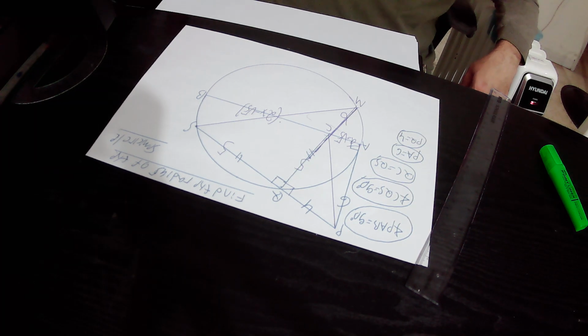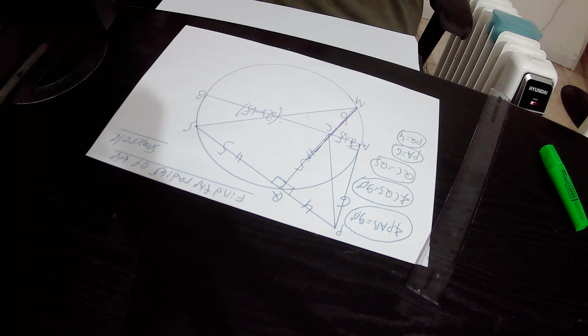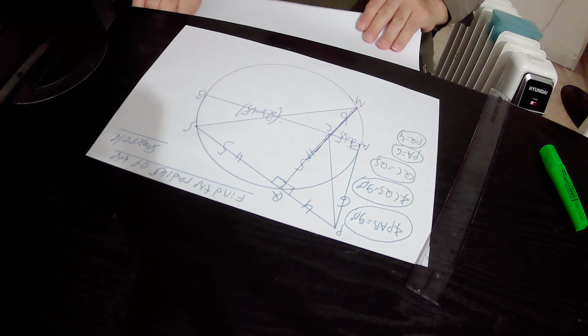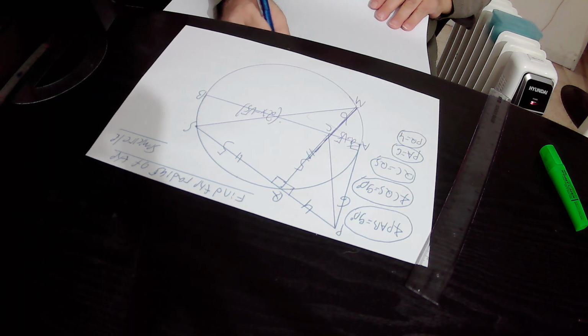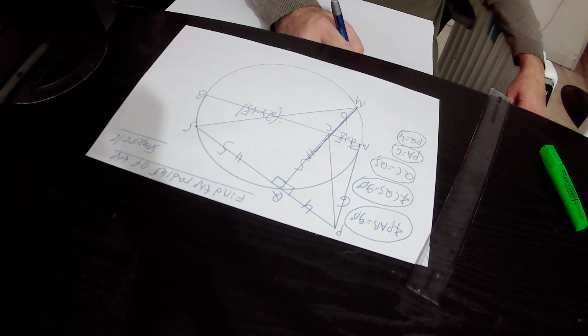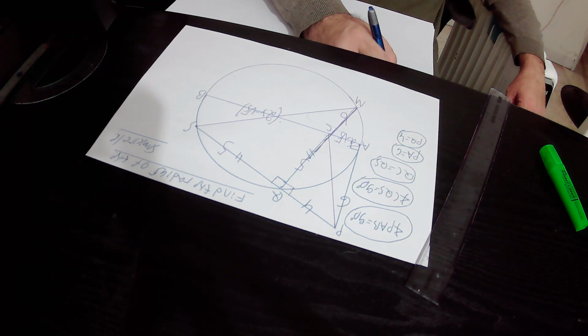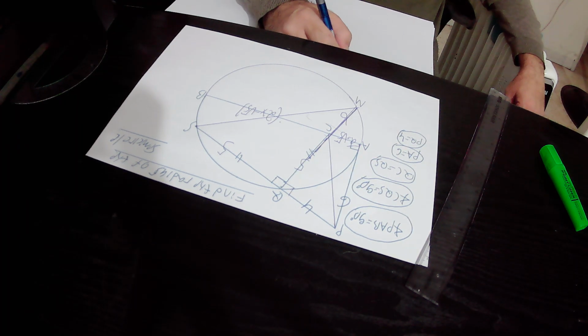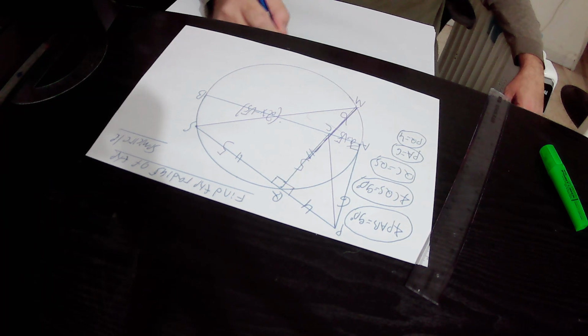Why? Because in our drawing we have chord AB intersects with chord QM at point C. Repeat again.